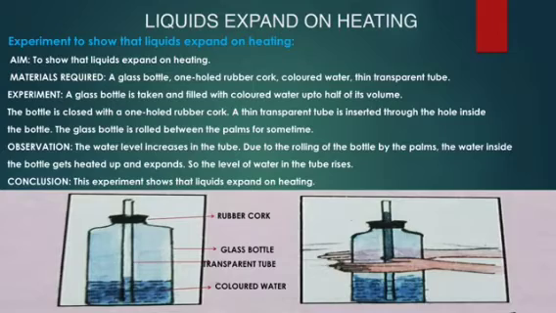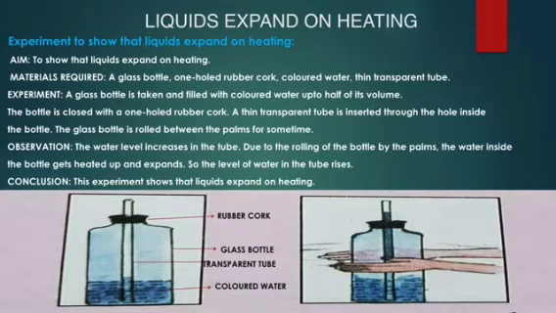So close the bottle with a lid which has one hole in it. Rubber cork is a lid made out of rubber and it has one hole in the middle. A thin transparent tube is inserted through the hole inside the bottle. So take one thin transparent tube and put it inside the hole and then put it inside the bottle.